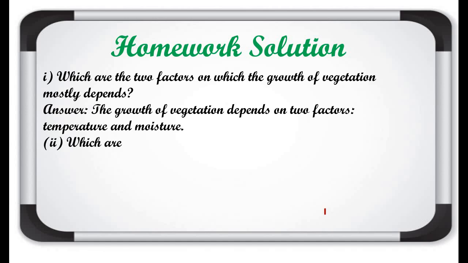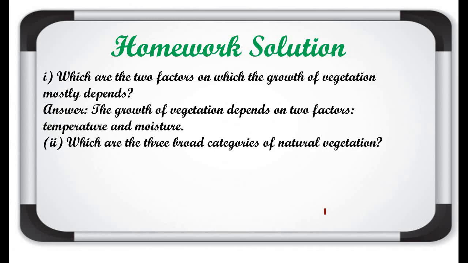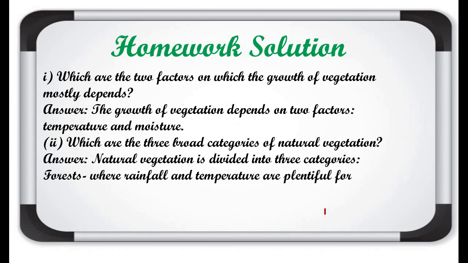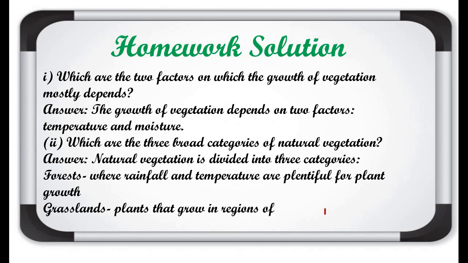Now the second part: what are the 3 broad categories of natural vegetation? Natural vegetation is divided into 3 categories. First, forest, where rainfall and temperature are plentiful for plant growth. Second, grasslands, plants that grow in regions of moderate to low rainfall.